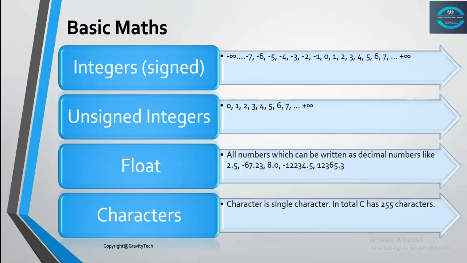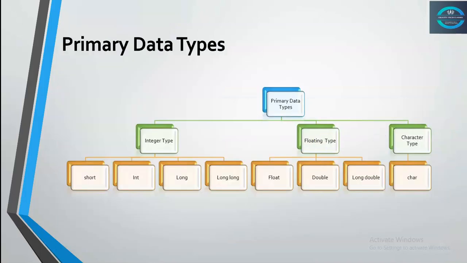Okay, now let's look at what the primary data types are. Primary data types are categorized into integer, floating, and character. The integer data type is further categorized into short, int, long, long long, depending upon the size of the integer. Floating: float, double, long double, and then character is a single char data type.